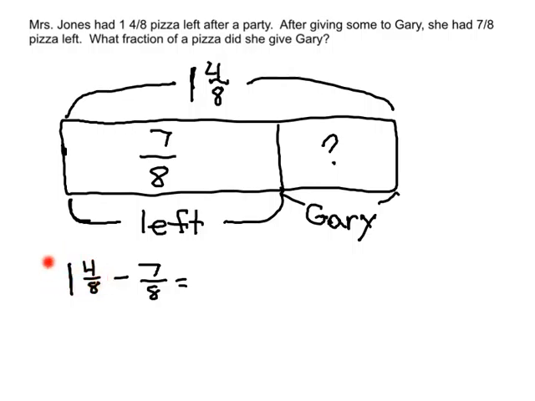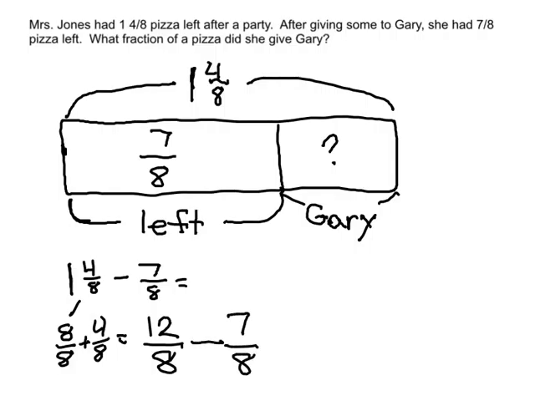But we have a mixed number here. So we're going to convert that mixed number into a fraction. So we know that 1 equals 8/8. We have our 4/8. So this would equal 12/8 minus 7/8.